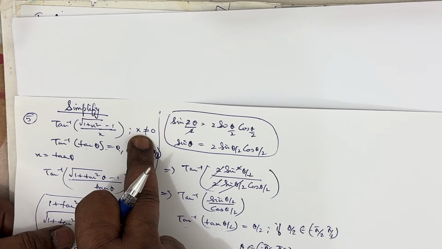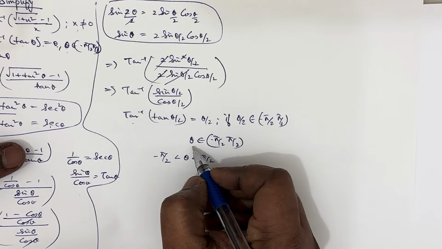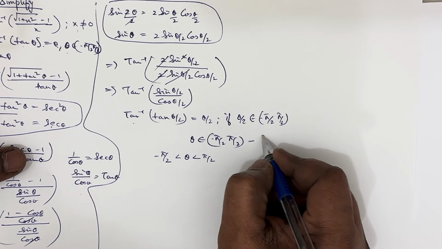Here they have given x not equal to 0, so theta belongs to this but not 0.